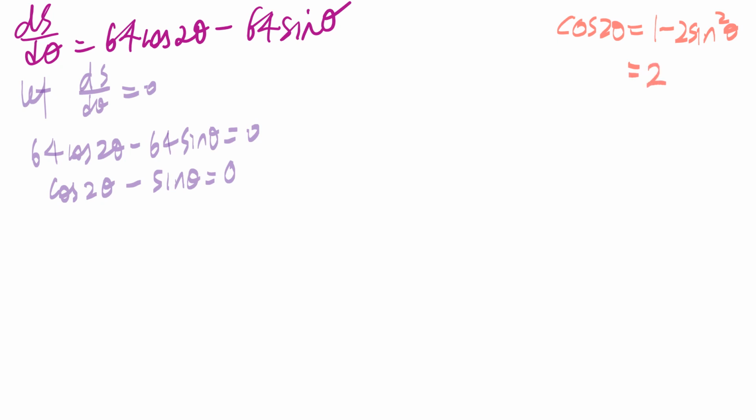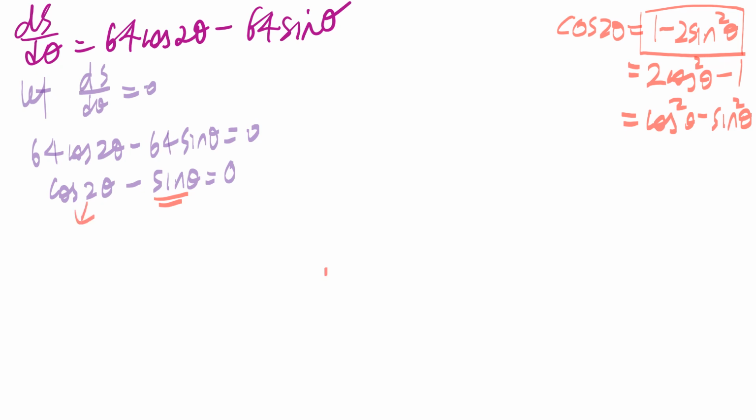The other one is 2 cos squared theta minus 1. The third one is cos squared theta minus sine squared theta. Obviously we have to use the first one, because the second trigo function in the equation is sine theta. So I'm going to rewrite cos 2 theta as 1 minus 2 sine squared theta minus sine theta.